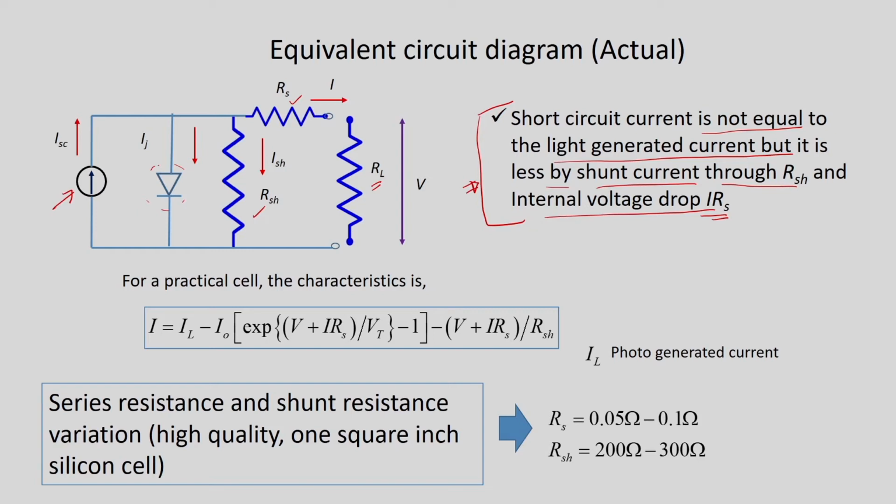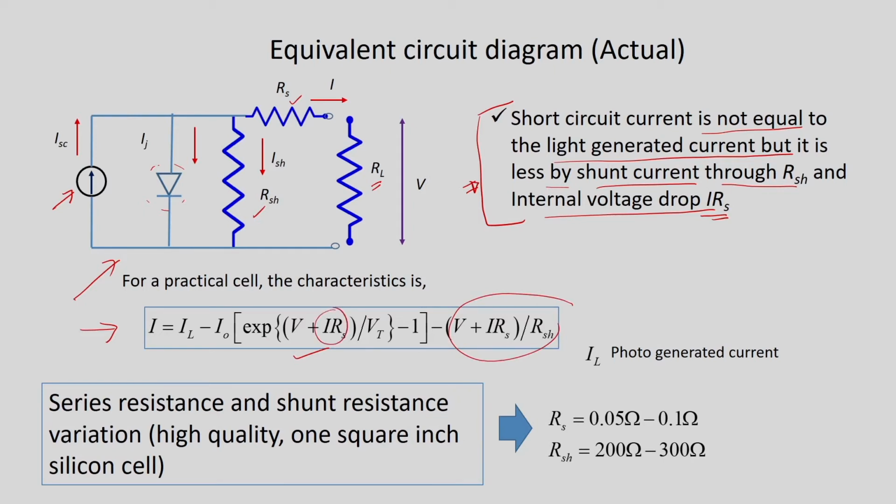In these situations, mathematically the characteristics can be written something like this: I equals IL minus I naught of this expression minus (V plus I RS) divided by RSH. So, these are the components which are added. RS is also here.